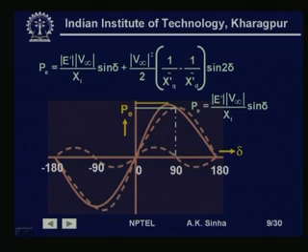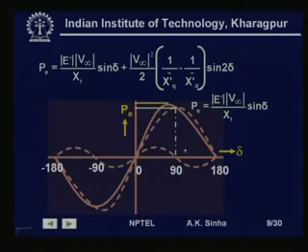This term is coming mainly because of the saliency of the synchronous machine poles. That is, the reluctance in the direct axis and the quadrature axis are not the same, and because of that this term is coming, and that is why we call this the reluctance term. And in fact, there are machines which are built based on this reluctance power or reluctance torque, which are called reluctance motors themselves.